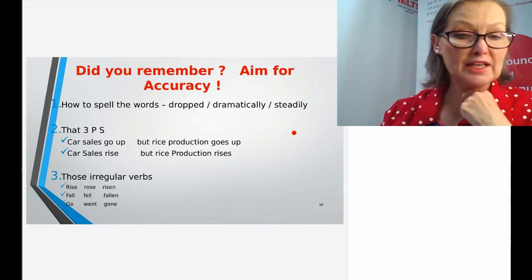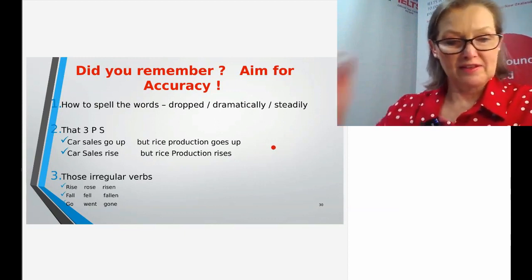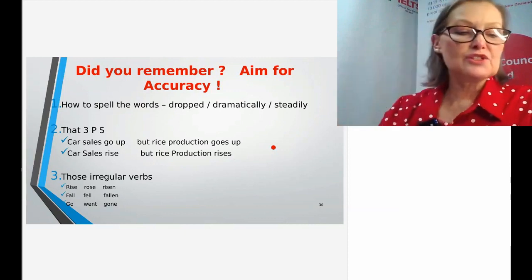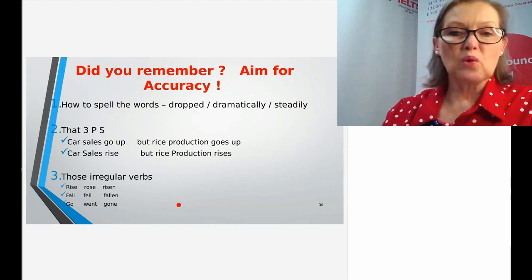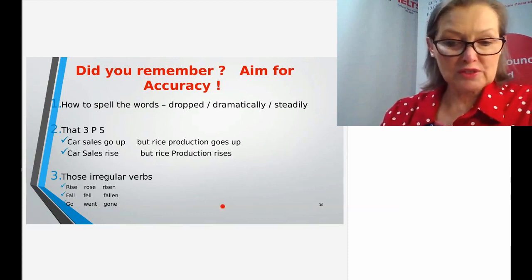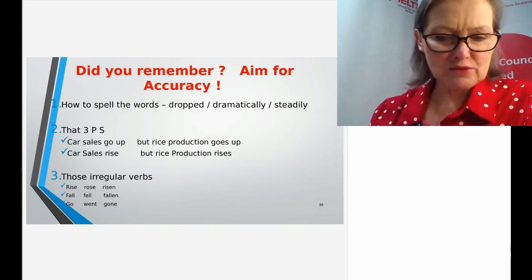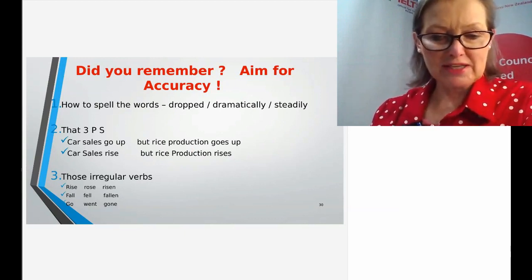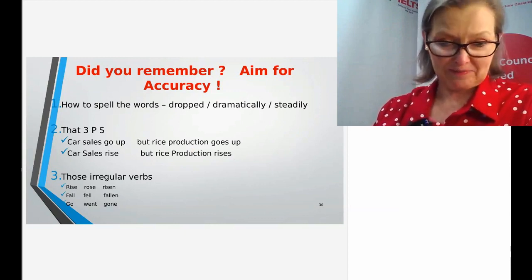Car sales rise, but rice production rises. And did you remember those irregular verbs? These are all the areas that I've noticed that students can fall down in their accuracy, and it's something that's very easy to remedy. Just with a little practice and a little learning, we can get this all very accurate very quickly.